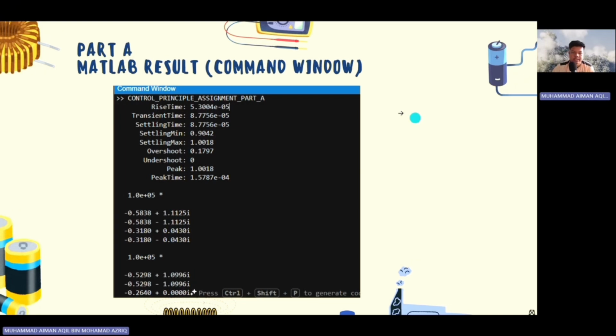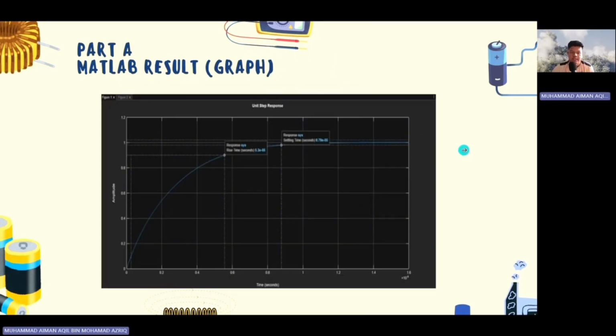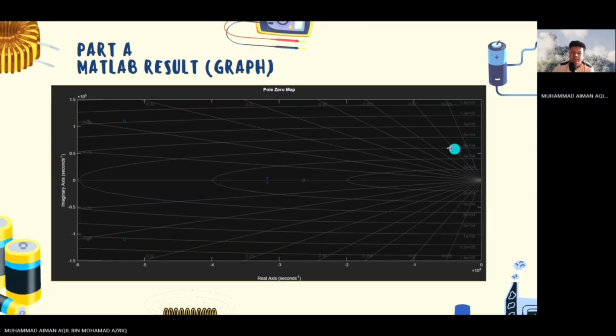As you can see, we get the rise time, the settling time, and also the percentage overshoot. Next is the unit step response graph. By looking at this graph, you can obtain the first one, which is the rise time, and the second one is the settling time. So this is the pole-zero map.